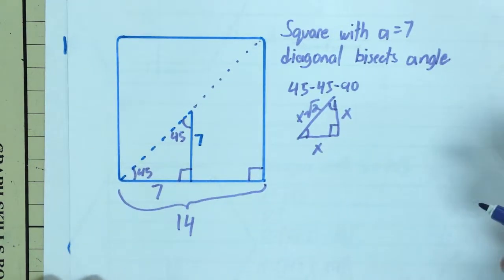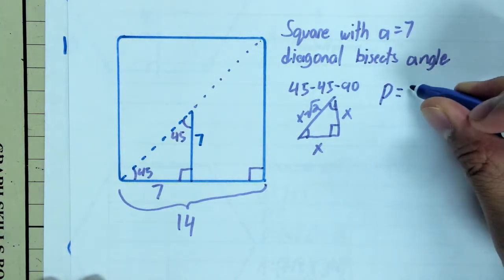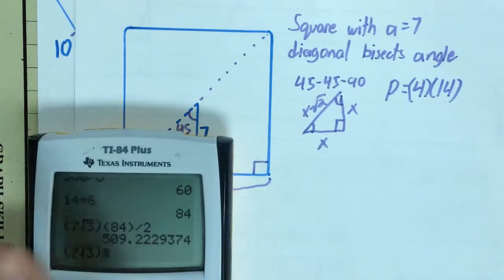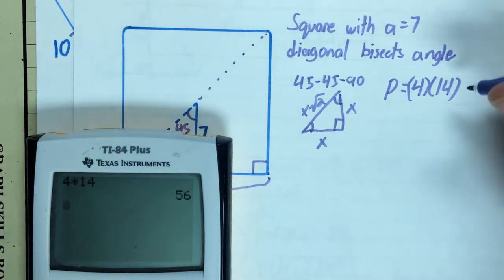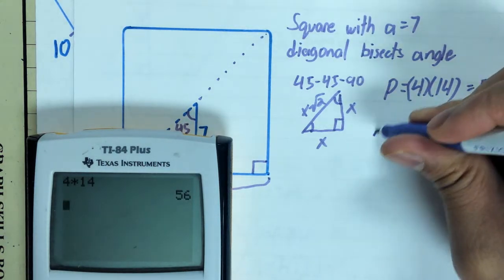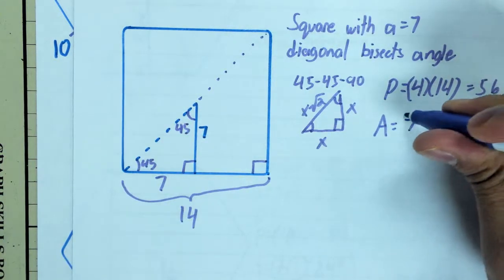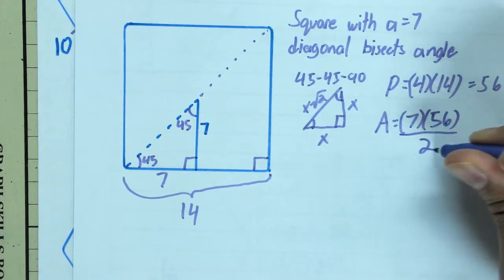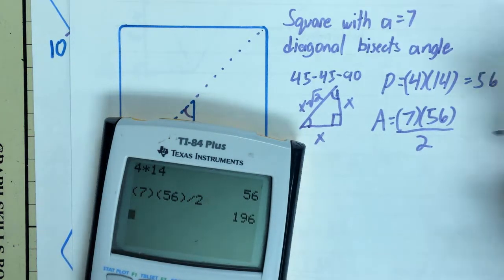So now we can calculate using my area formula. Perimeter equals 4 sides times 14, 56. So my area equals apothem 7 times perimeter divided by 2. 56 divided by 2.